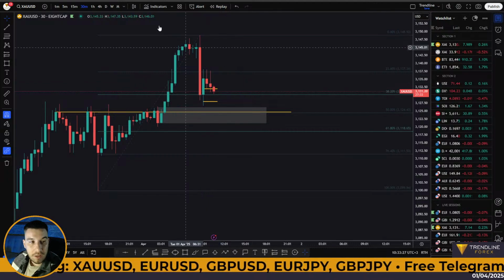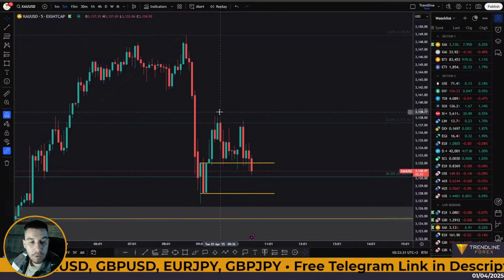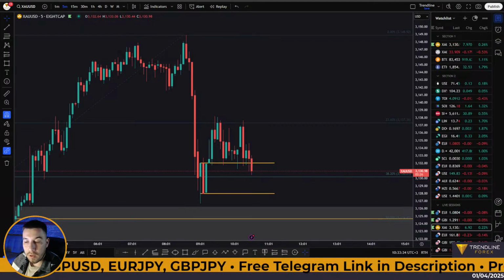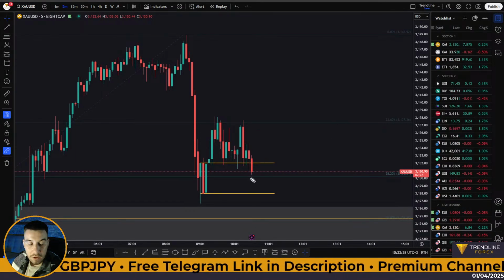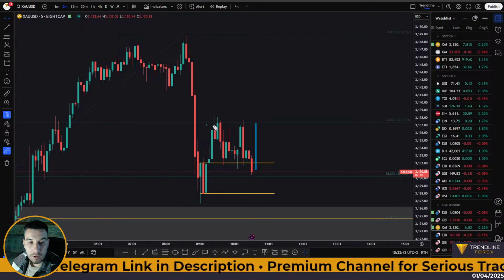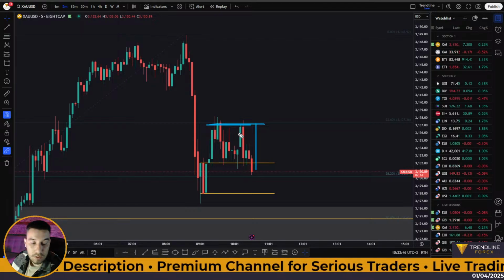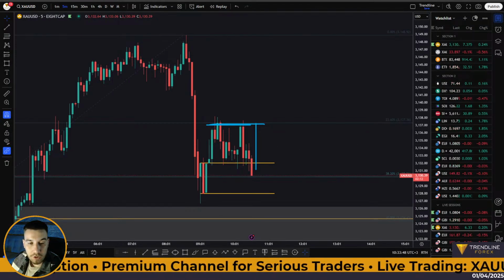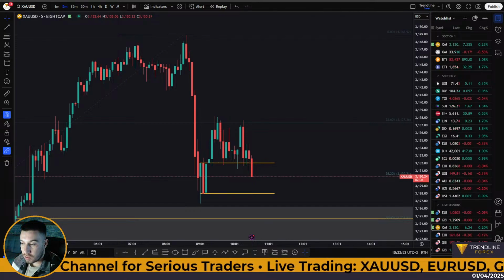You need to keep that in mind. However, it doesn't mean that we can't go bullish, because as soon as price finds some momentum, it can literally create one bullish candle that comes to the previous highs again, and this is going to be a signal in the opposite direction. So let's wait and see what's going to happen next.